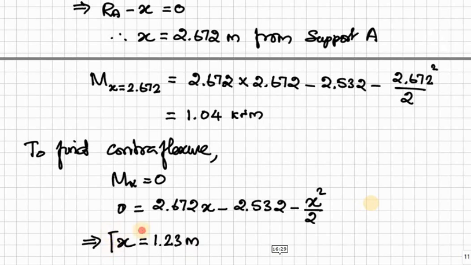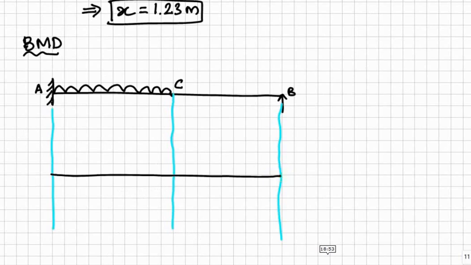Now we are in the position to draw the bending moment diagram, because all the data we have to draw that. So this is the support moment, negative. Okay.